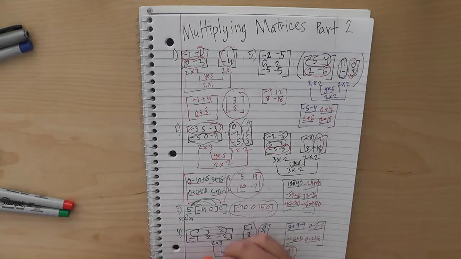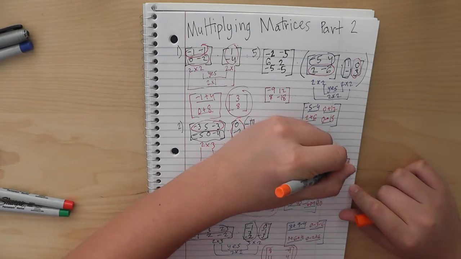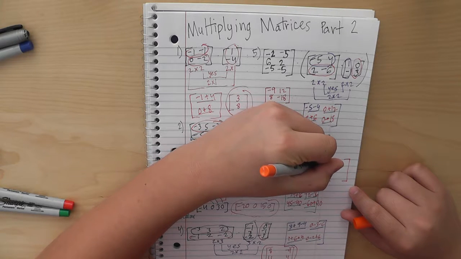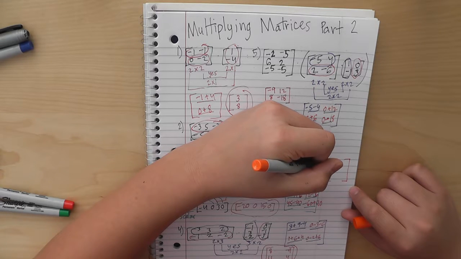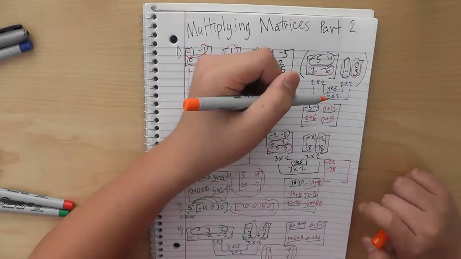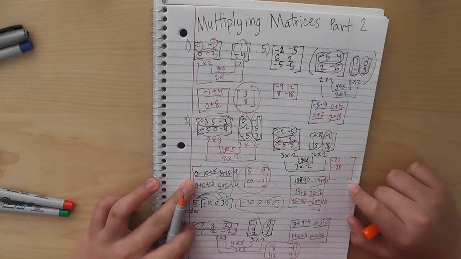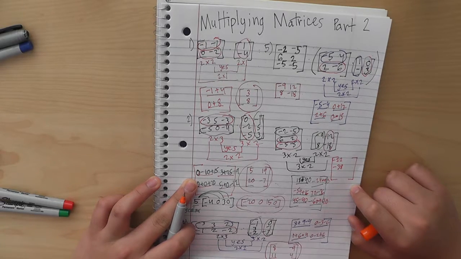Alright, final step is just to simplify the matrix. So we get -22, -38. Hold on. Sorry. Just a bit confused.